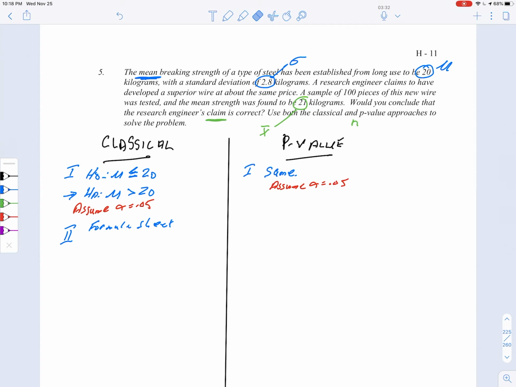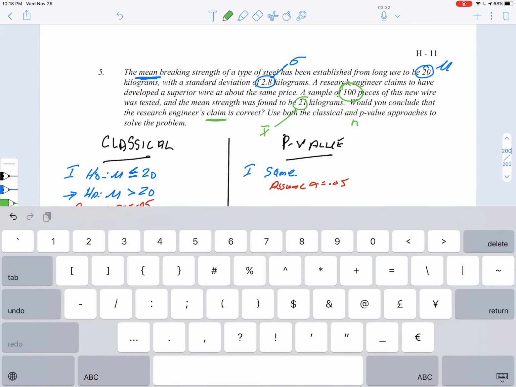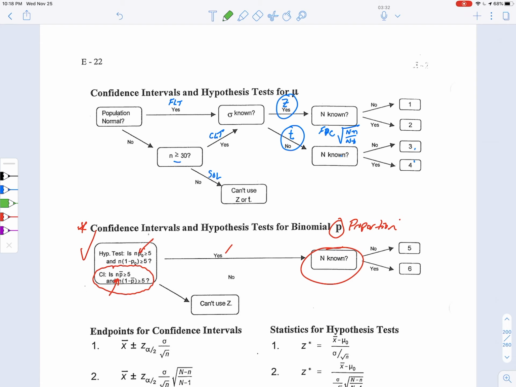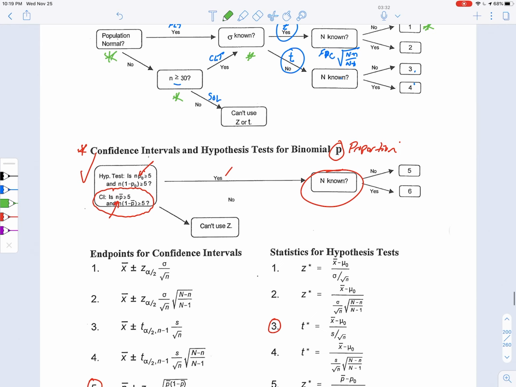I don't see anything in there about it talking about normality. Okay, but your sample size is 100. So that's quite large there. So the answer to, at this particular point then, is no. Is n at least 30? Yeah, n is equal to 100. So the central limit theorem kicks in. Is sigma known? Yes, it is. So that means that we're going to be using a Z distribution. Is big N known? No.